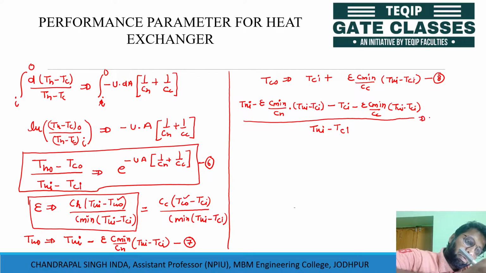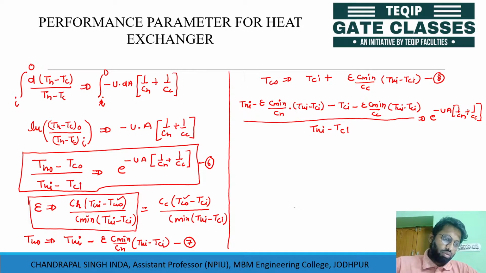That will be equal to e to the power minus UA (1 by Ch plus 1 by Cc). So we can take a common factor, that is T hot inlet minus T cold inlet.